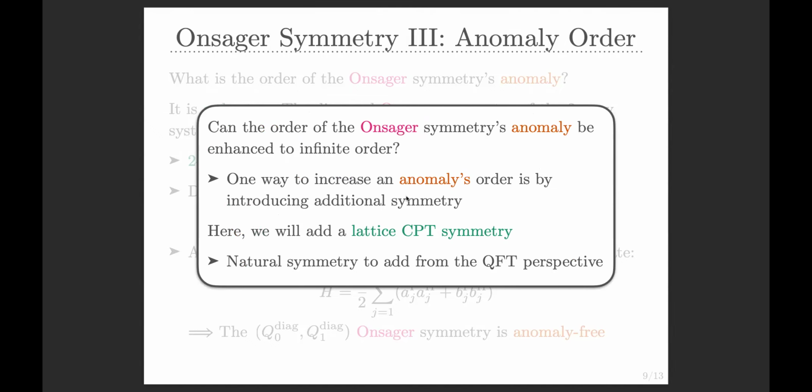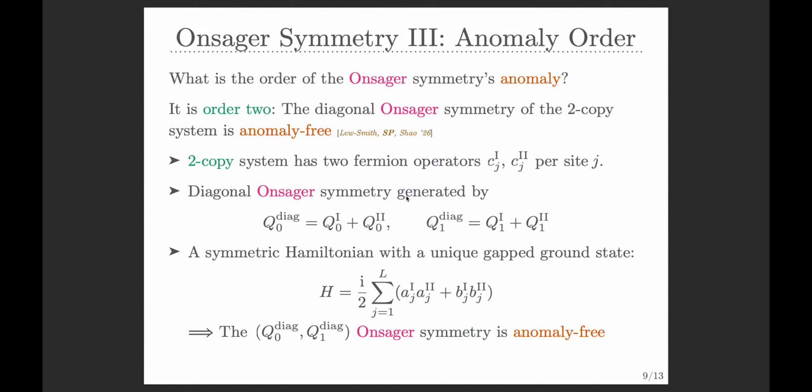First question. Yeah. So what happens if you track the chip to go to the IR? For instance, if you have 2 copies of free fermion, and then on the lattice you can gap it out while preserving the diagonal Onsager. Yeah, good. Because the Hamiltonian is just quadratic, you should be able to explicitly track what happens at low energies. In the low energy, the system should also be gapped, but it still preserves the U1.